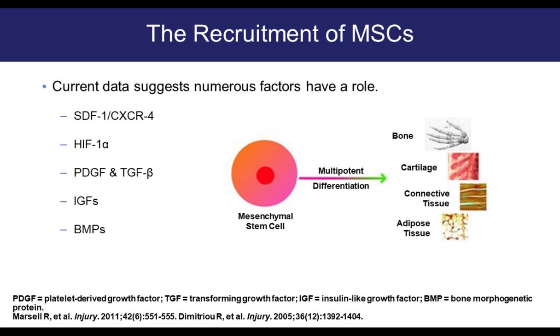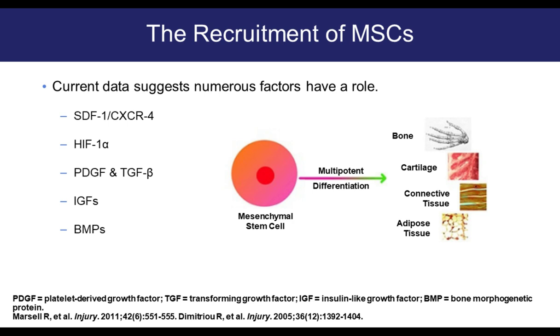So again, here is just a bit of alphabet soup demonstrating the recruitment of mesenchymal stem cells, and then the factors that come along with them. Some of those you're familiar with, like platelet-derived growth factor, TGF, which is transforming growth factor, IGF, which is insulin-like growth factor, and then BMPs, which are bone morphogenic proteins.